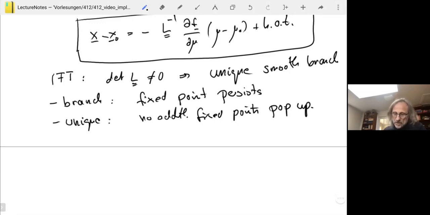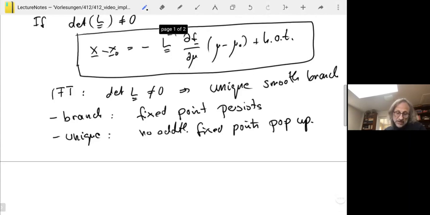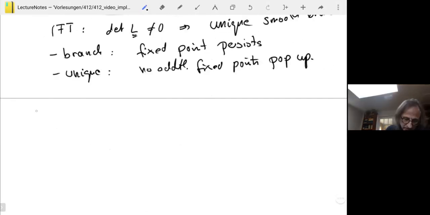Good. So there's one more thing to say. The question is now, how likely is it? I mean, we said if the determinant is not 0, then we get a branch. And so should we expect that to occur or not? One introduces the notion of generic properties.